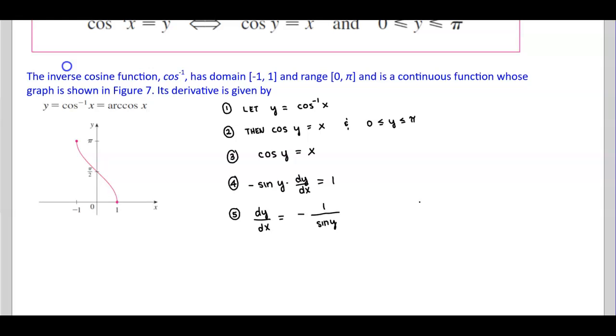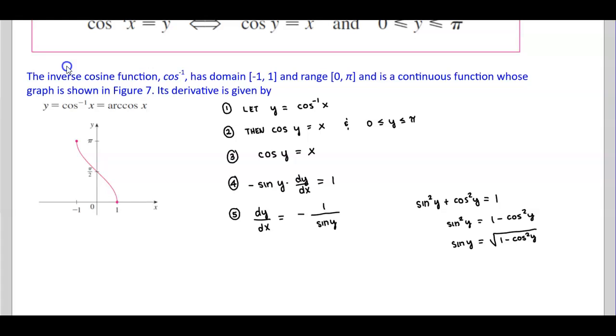Now remember that sine squared y plus cosine squared y is equal to 1. So if we want to solve for sine of y, then the sine squared y is going to equal 1 minus the cosine squared y. If we take the square root of both sides, then the sine of y is going to equal the square root of 1 minus the cosine squared y.